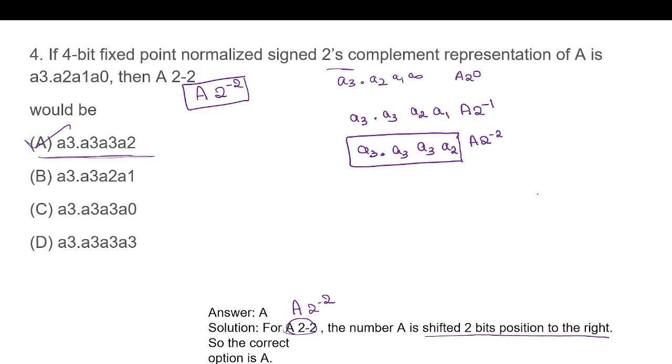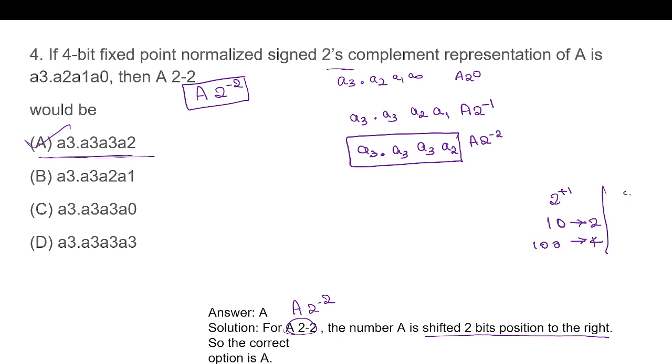Here, for binary, if you want to multiply with any power of 2, say 2 to the power plus 1, then you will be shifting to the left. Say if it is 1 0, which is 2, now 2 into 2 is 4, which is 1 0 0.